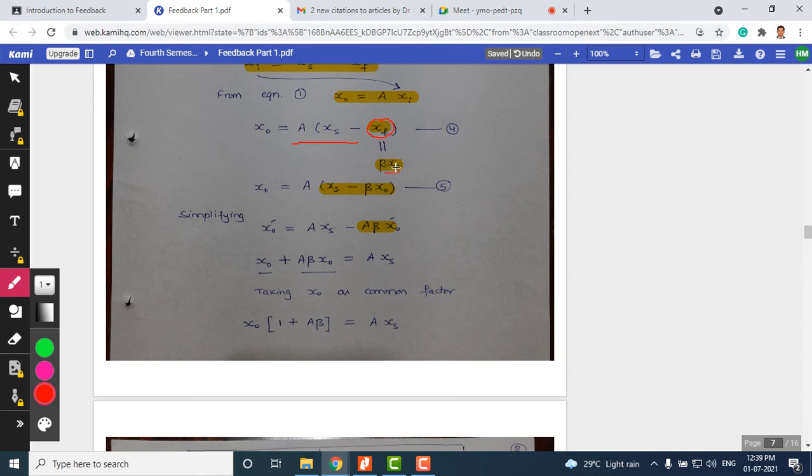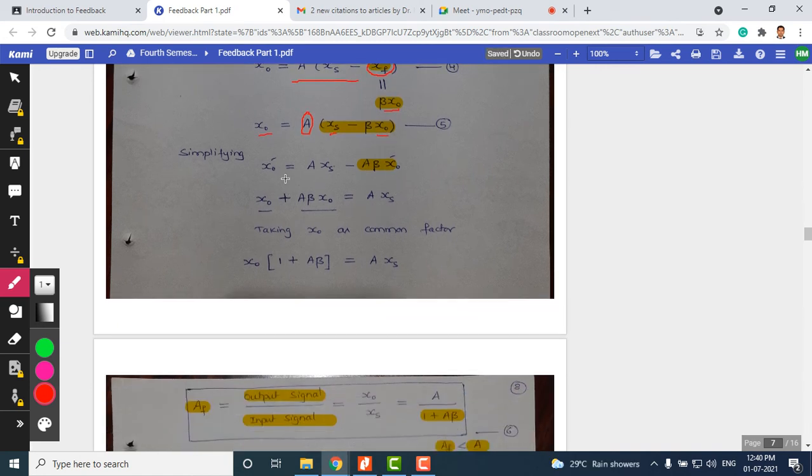Beta into x naught can be substituted here. So x naught is A times (xs minus beta x naught). Now we can multiply the basic amplifier gain with each of these terms, and the resulting equation is x naught is equal to A times xs, that is the first term, and the second term is A times beta x naught.